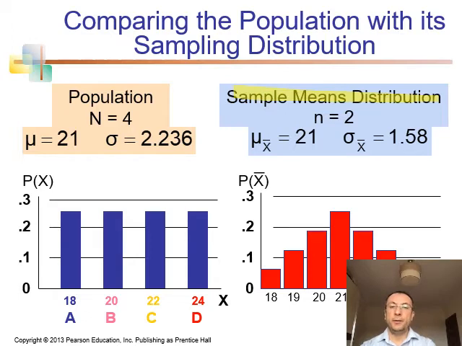So we take different samples from this population. The population might have different types of distributions, but at the end the sample mean is distributed almost like a normal curve, where you have the center and you have a standard deviation. So that's the idea of sampling distribution.